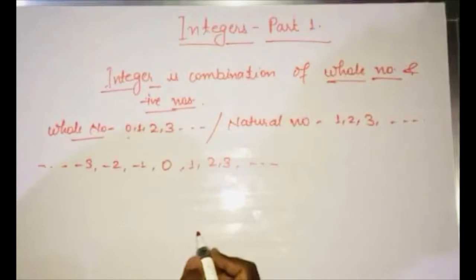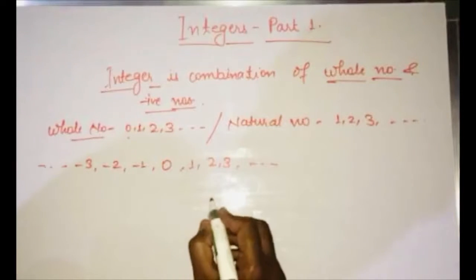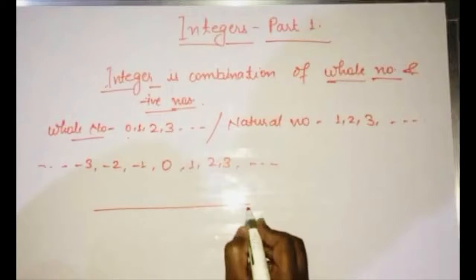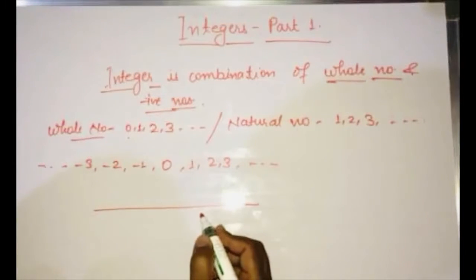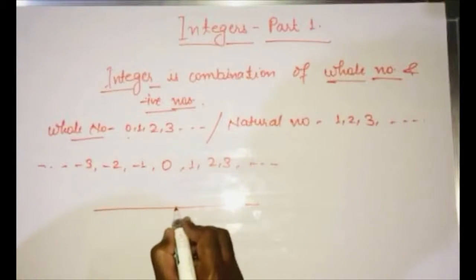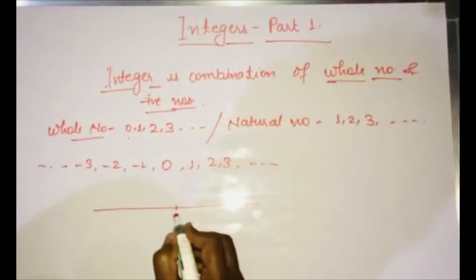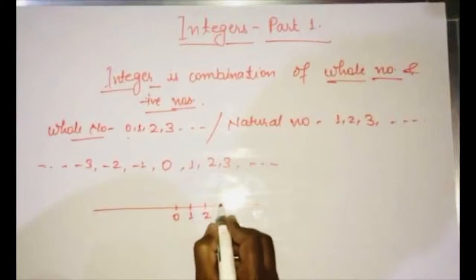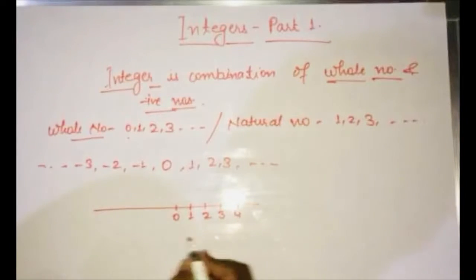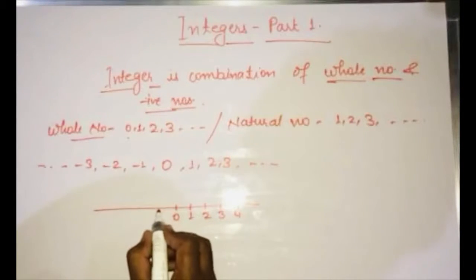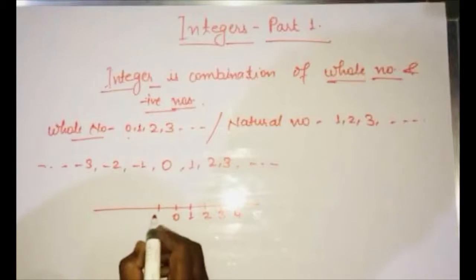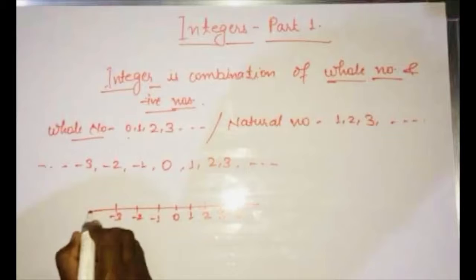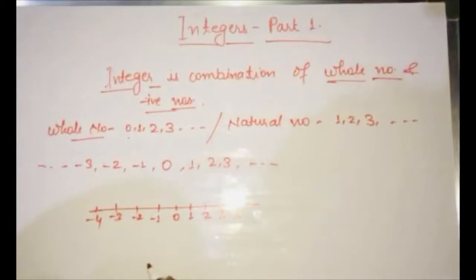To better understand integers, you would have studied the number line, like we can represent the integers on the number line, and that is easy to understand as well. On a number line, 0 is the center point, and when you move to the right side of 0, you will put the positive integers, and when you move to the left side of 0, you will put the negative numbers, and this is how you represent the integers.